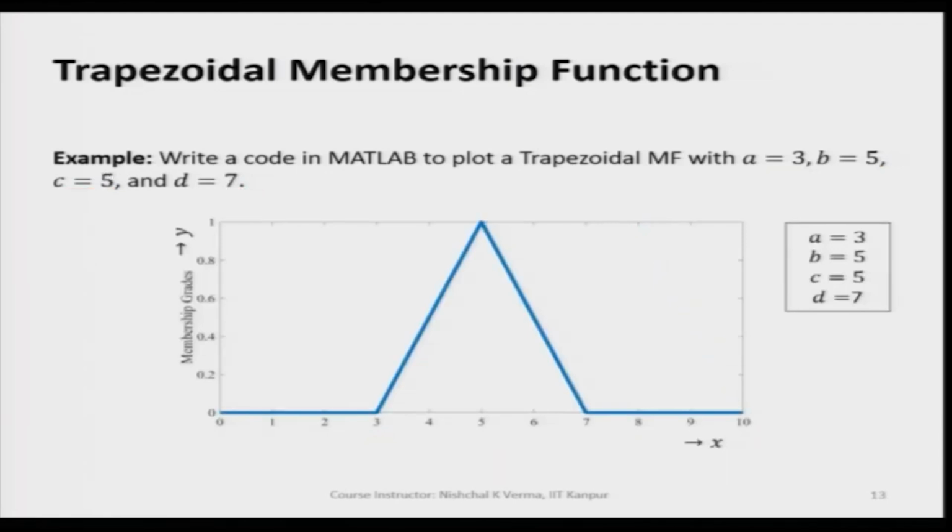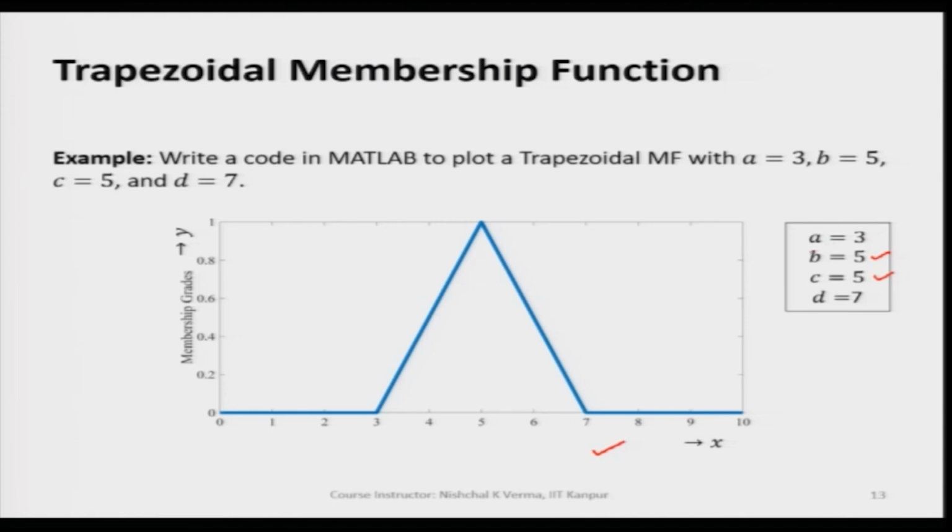A very interesting thing to notice here is that if we make 2 vertices common, meaning b and c are both at 5, and we assign the a, b, c, d values like that, we get a triangular membership function. So, we can use the trapezoidal membership function formula to generate a triangular membership function also.